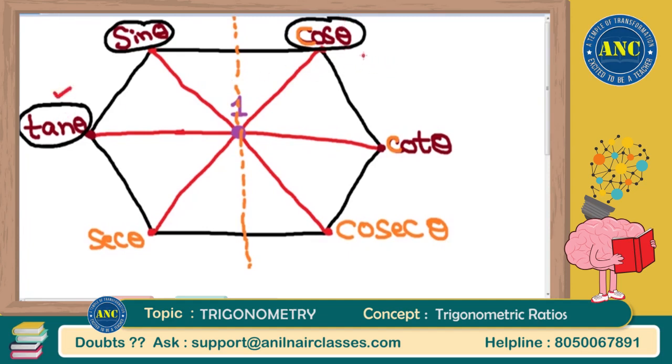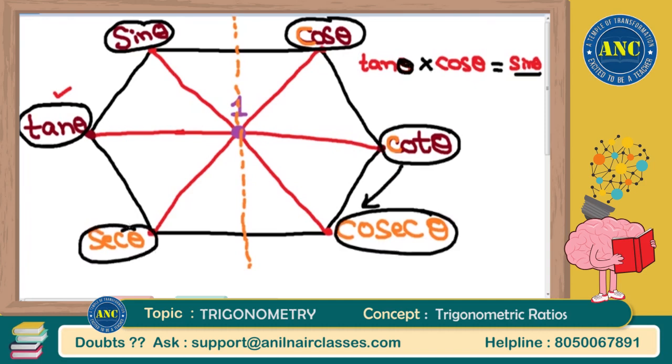Start with tan, write down tan theta. First value is tan theta, last value is cos theta, middle value is sin theta. If you take any three consecutive trigonometric functions in this super hexagon, the product of first and last will give the middle one. What should be the identity again, sir?